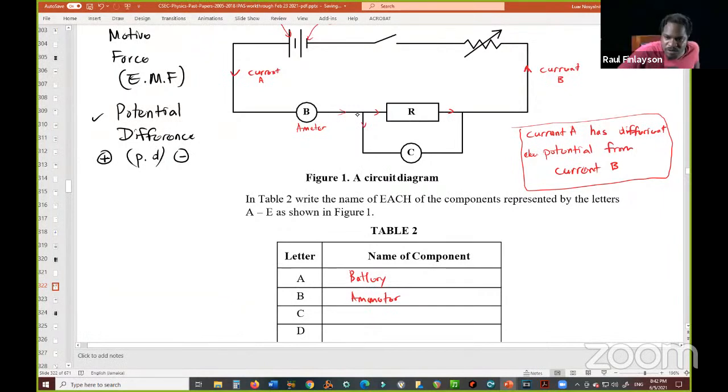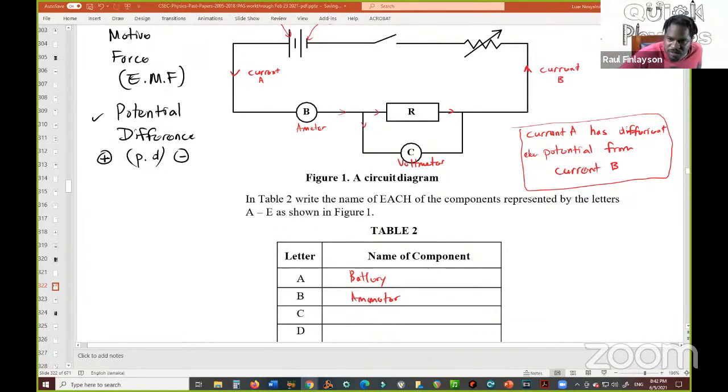Now this here is actually a voltmeter. Yeah, that's a voltmeter. The reason being, a voltmeter measures potential difference. One side of the voltmeter is connected here, the other is connected here, to measure the difference in potential when the current passes the two points.